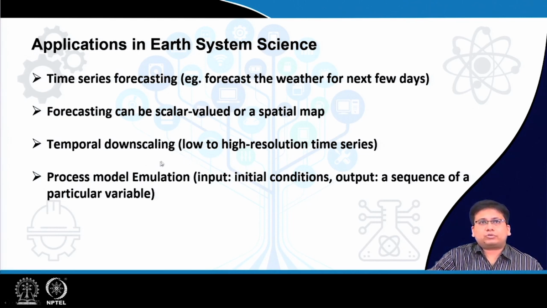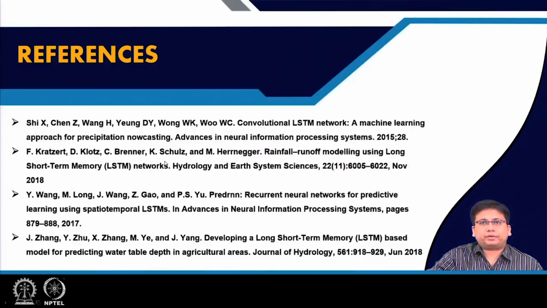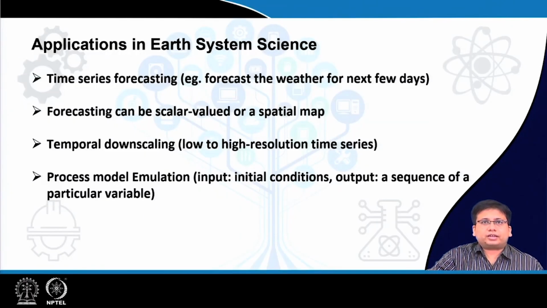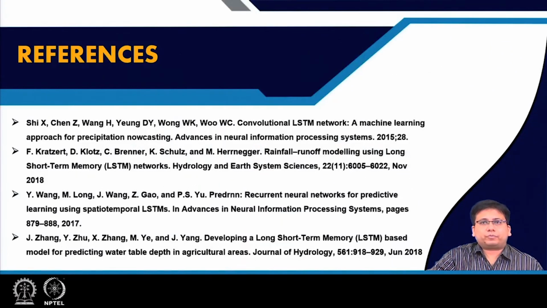This temporal downscaling is often achieved using an RNN, where, as I just mentioned, there can be an encoder decoder framework where the encoder first receives the low resolution sequence, and then there is a decoder which creates the output sequence. The convolutional LSTM which I mentioned was actually first proposed specifically for the purpose of rainfall forecasting from radar data.